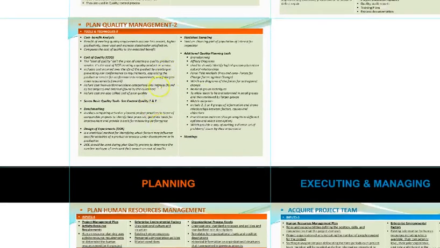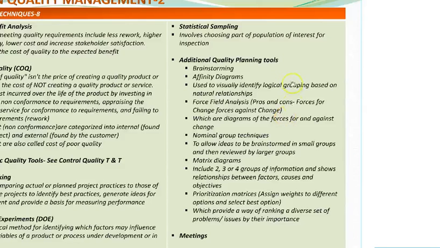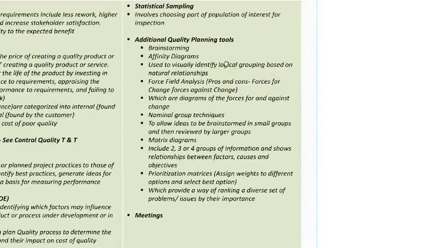So if you look in here, they are all types of additional quality planning tools, and they are brainstorming, affinity diagram, force field analysis, nominal group techniques, matrix diagram, prioritization matrices. Again, they're even used in different processes.